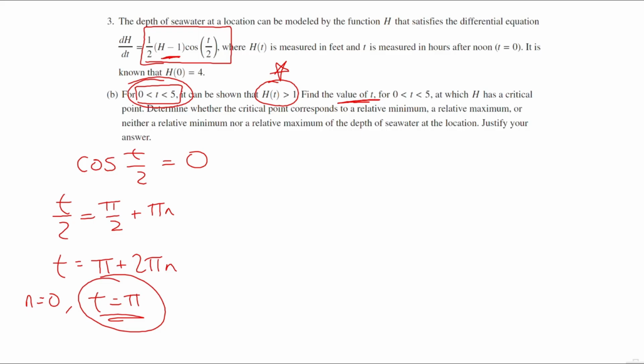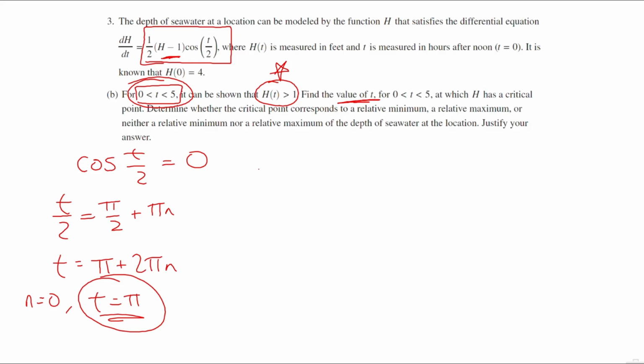Okay? And then what we need to do is determine if it's a maximum or a minimum. And that has to do with whether this function goes from increasing to decreasing at this point or decreasing to increasing at this point, or whether it does neither of those things. And so there are a couple of different ways we can check this.